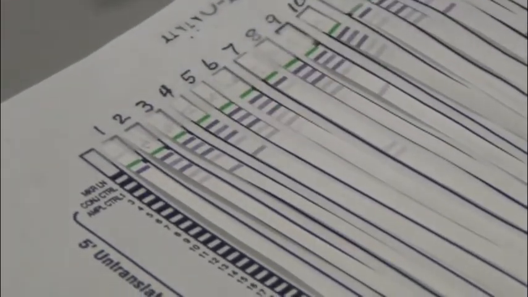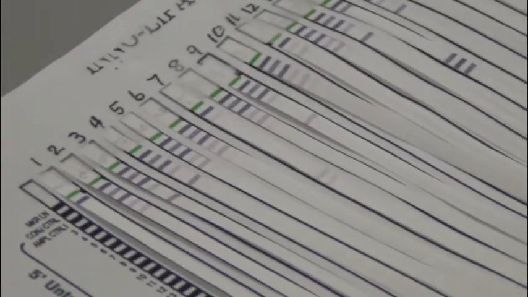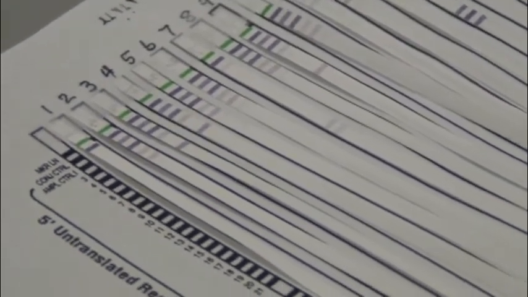Number 2 has 1, 2, 3, 4, 5, as a 1A. Number 3, 1, 2, 3, 4, 6. That's a 1B. Number 4 is also 1, 2, 3, 4, 6. That's a 1B.